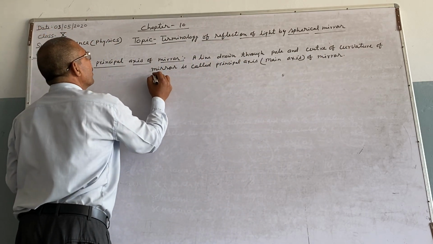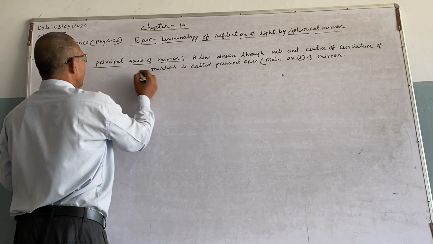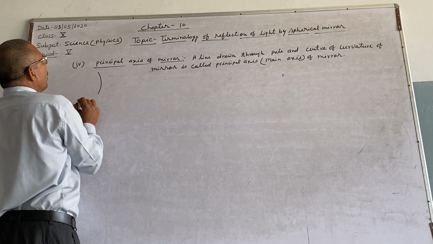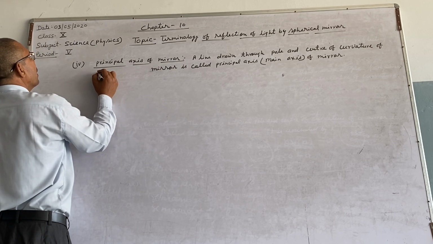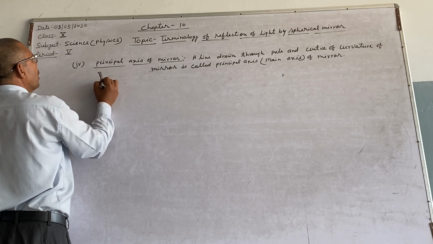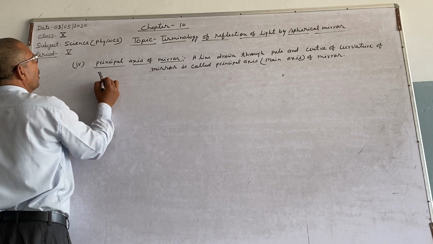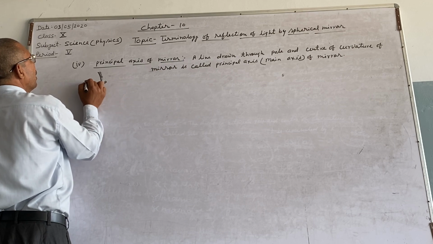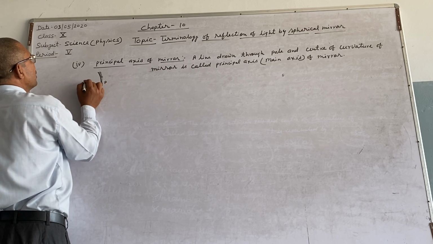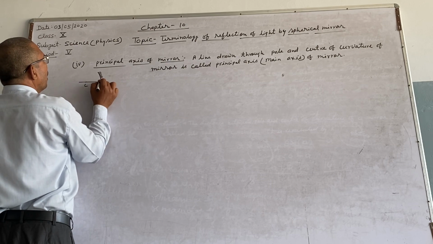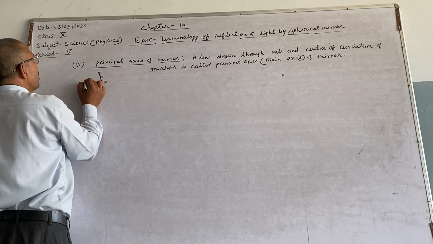Just see here, this is the case of concave mirror, pole, center of curvature, and this line is the principal axis.